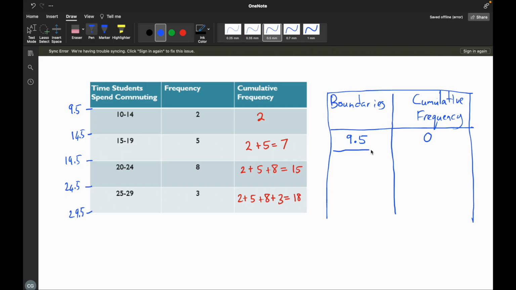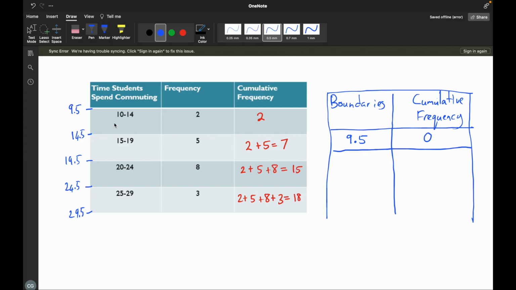Now this is the single most important thing when you're doing this part: you have to make sure you got your first boundary and make sure that goes to 0. If you miss this, you might sketch it off. So we have to ensure that we look for our boundary first. So this one here is 9.5, which is going to be 0.